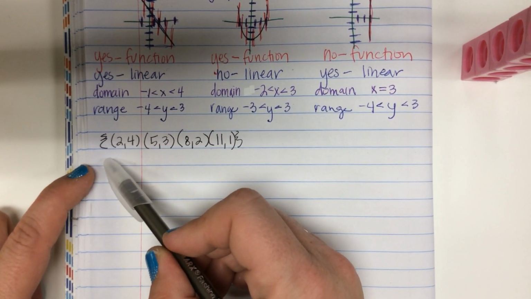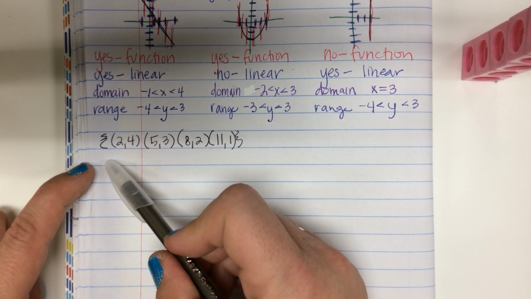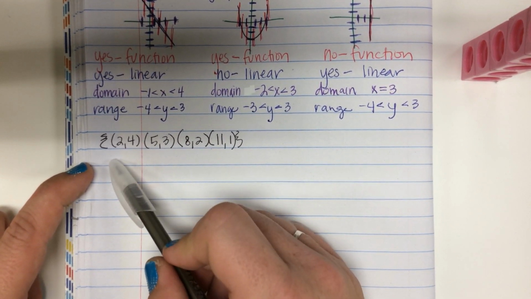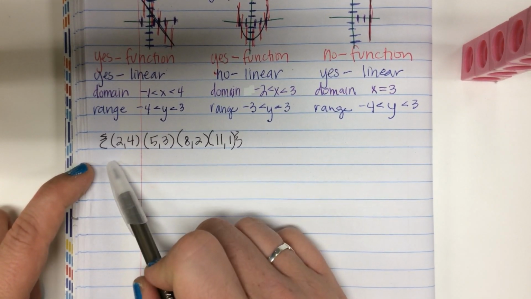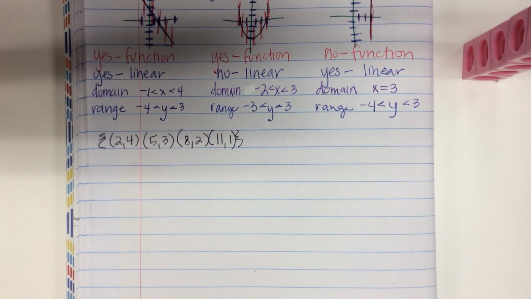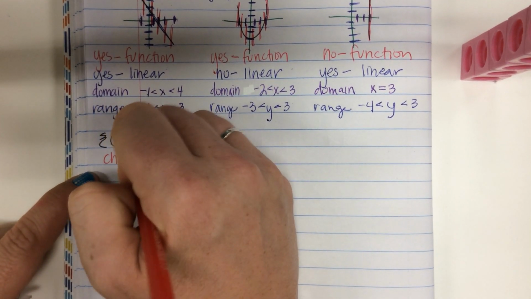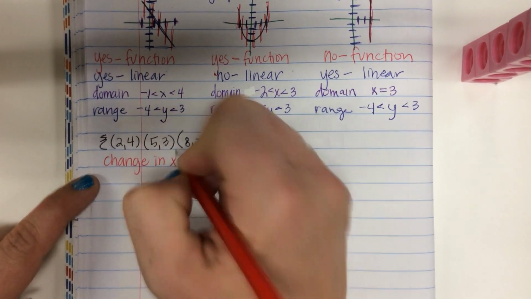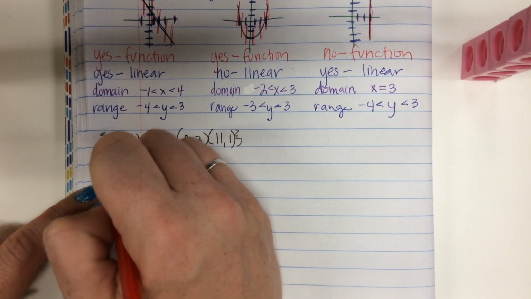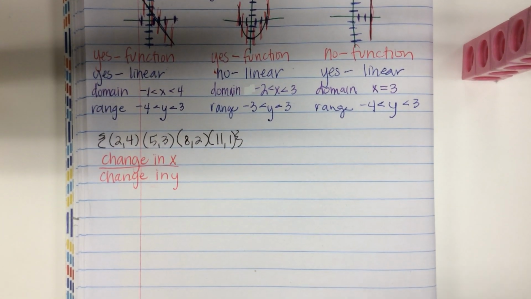Well, I could graph it. But I don't want to take the time to draw a graph, plot the points, connect the dots, and figure out if it's linear. There's a much easier way. And that much easier way is to use the common difference. So if they give you a relation, you're going to do the change in x over the change in y. And you're going to have to do it for every single problem.